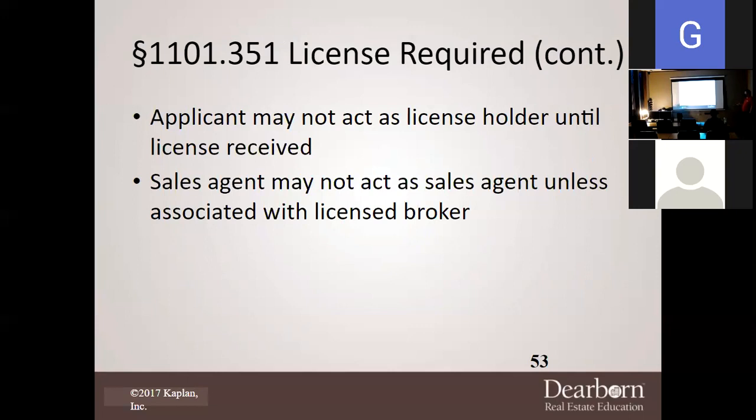The sales agent may not act as a sales agent unless they are associated with a licensed broker. So that means that even say Aiden, that your license, you got an inactive license, you still can't act as an agent until when? Until I reactivate. Nope, right here. Or, until it's under a broker. Until you got sponsored. Okay? Because you can have an inactive license, but you gotta have your broker sponsor you. Okay?